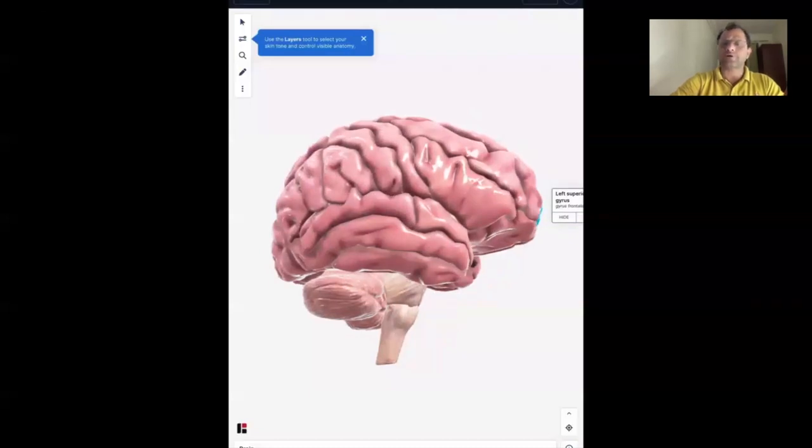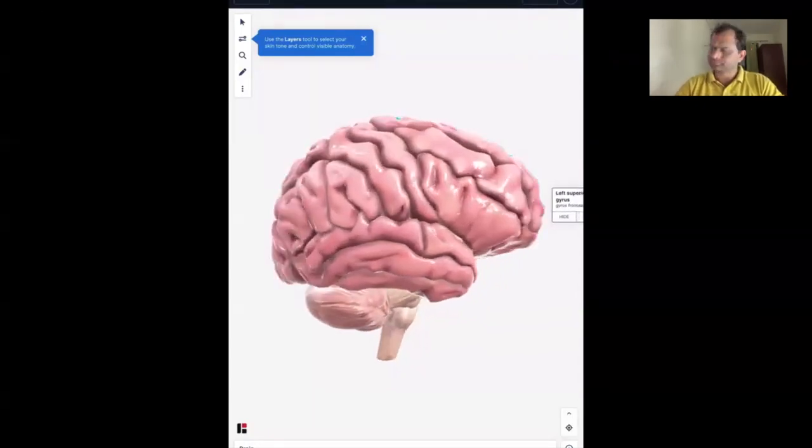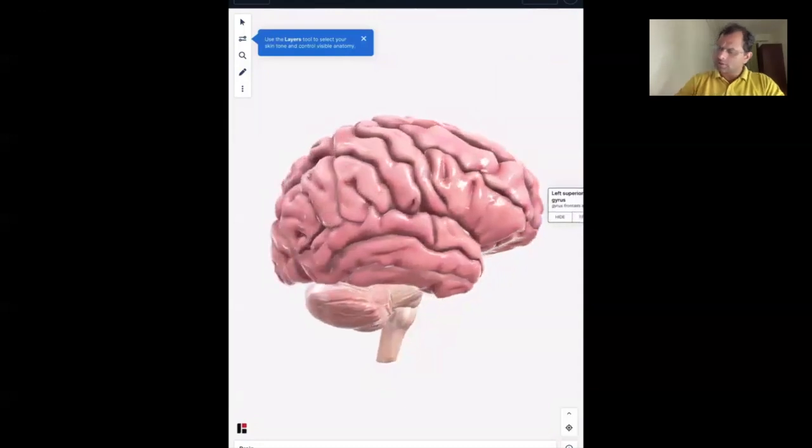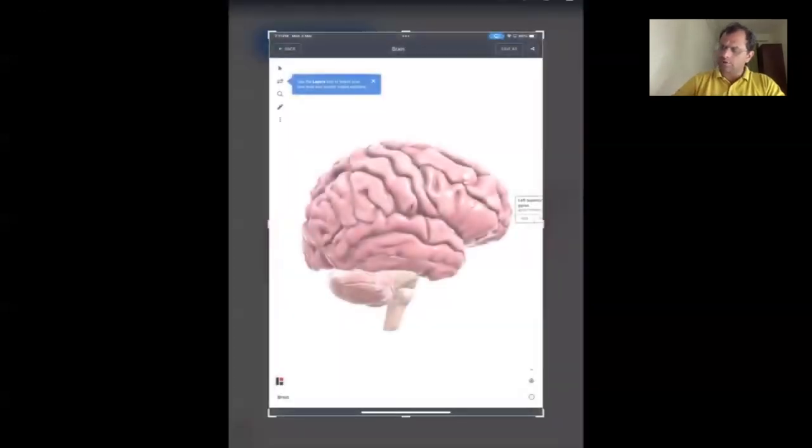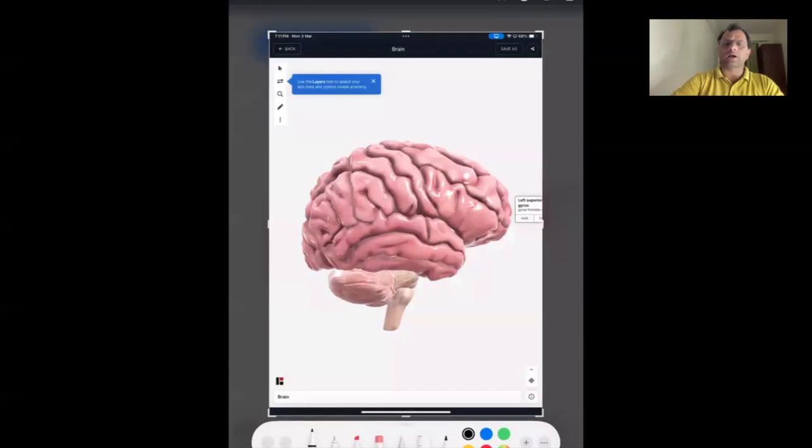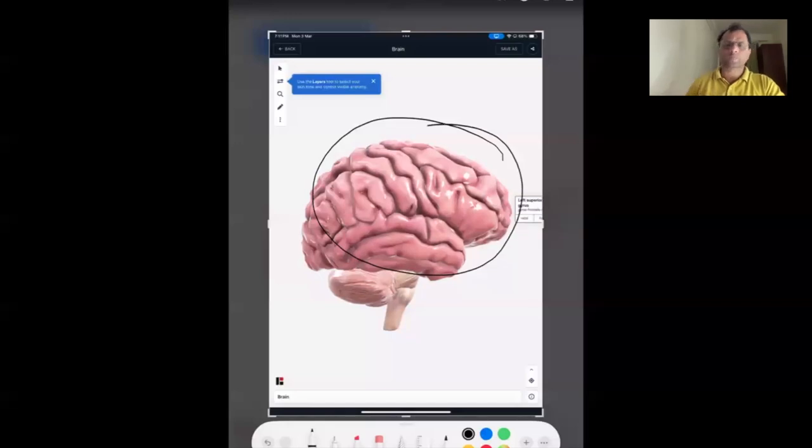So we can divide the brain mainly in three parts. Entire brain. So part number one, part number two, and part number three.